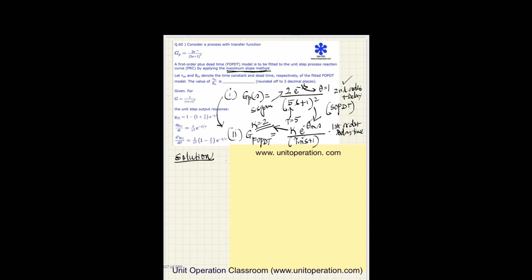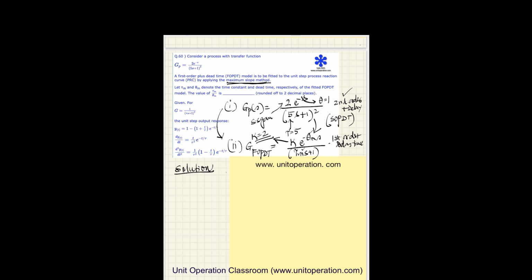Okay, let's see. It is given, so we're taking this one. Some information is already given. If the transfer function is 1 over (tau s plus 1) whole squared, then the value of y is already given as 1 minus (1 plus t over tau) e to the power minus t over tau.